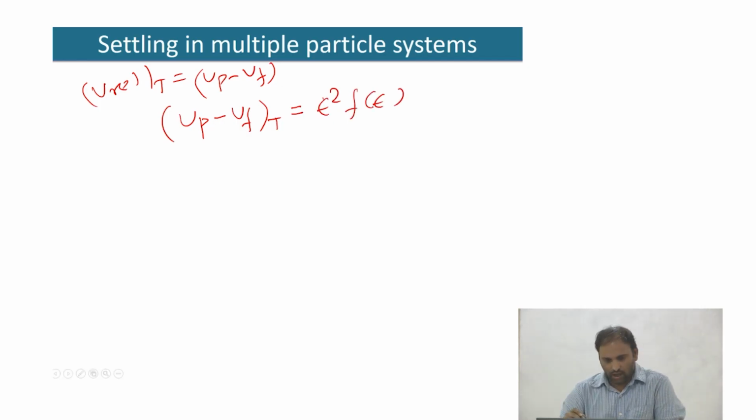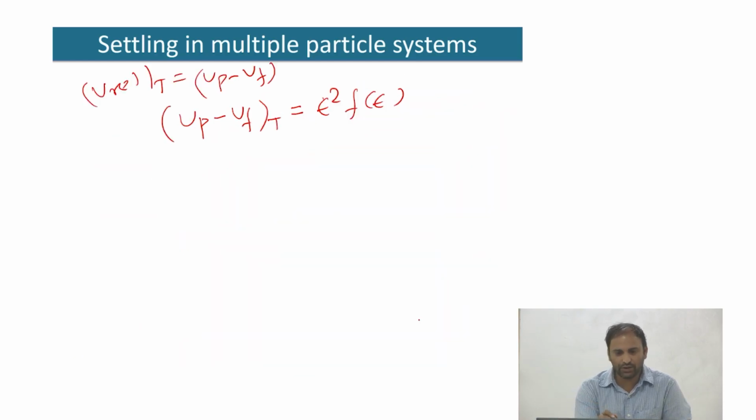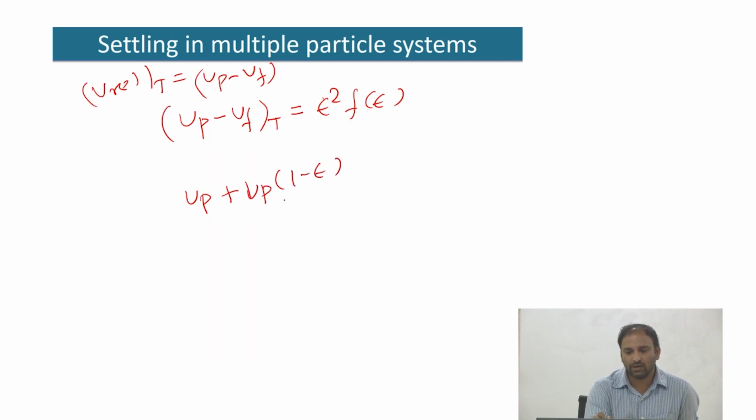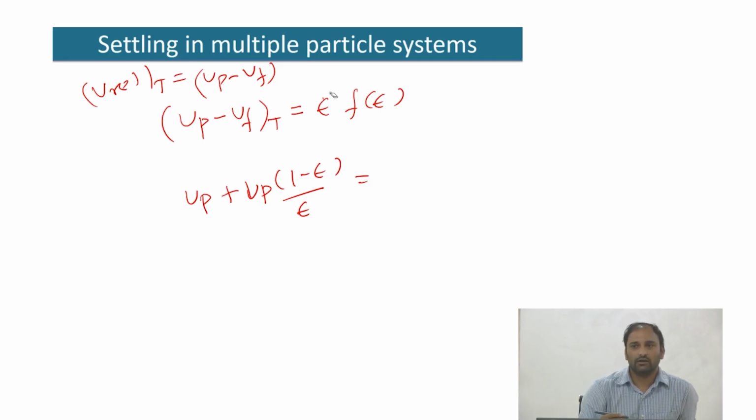Now if you go back to this expression, I can substitute for UF in terms of UP. So this is UP plus UP into (1 minus epsilon) divided by epsilon is going to equal to, I'm sorry about that, that is not correct, it's just epsilon, right?